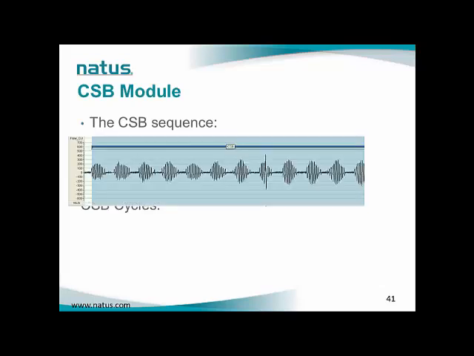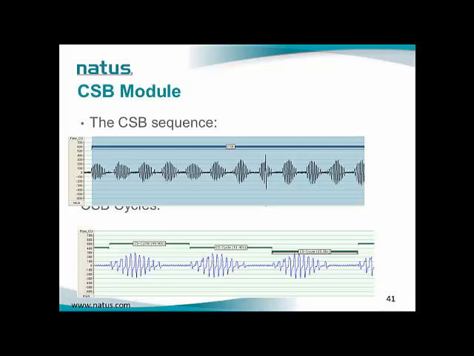A CSB sequence has to be composed of at least 3 central apneas or central hypopneas with a cycle length of 45 to 90 seconds. Cheyne-Stokes cycle is defined as the cycle length itself.